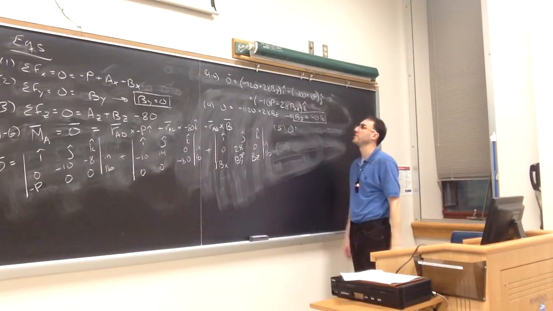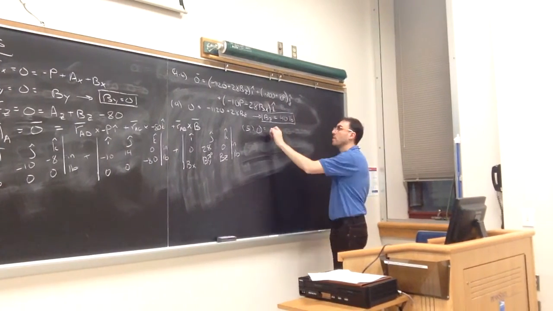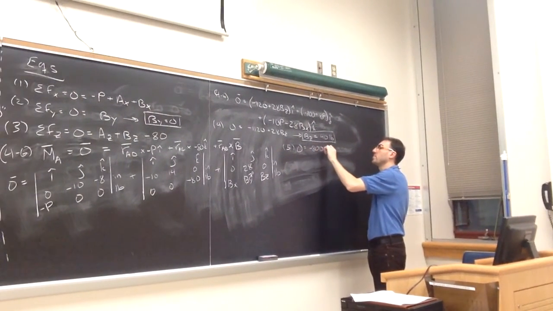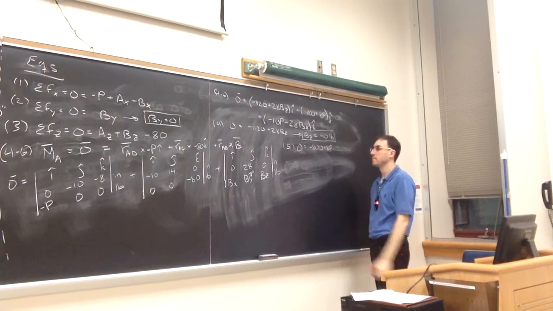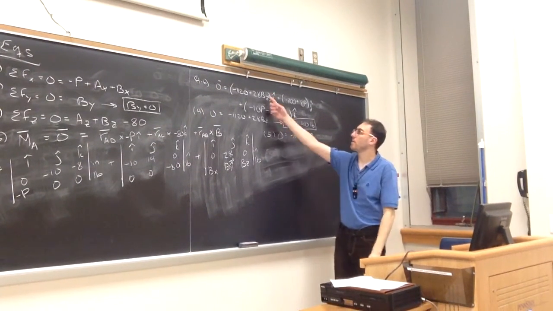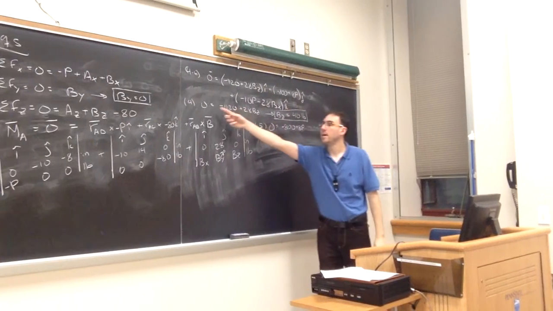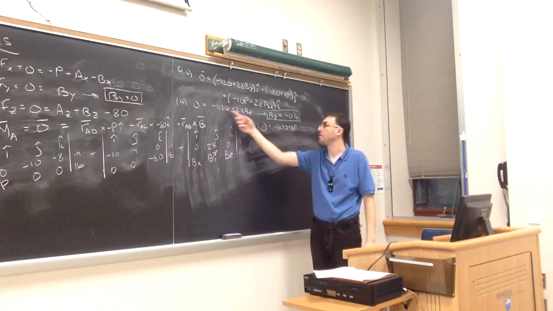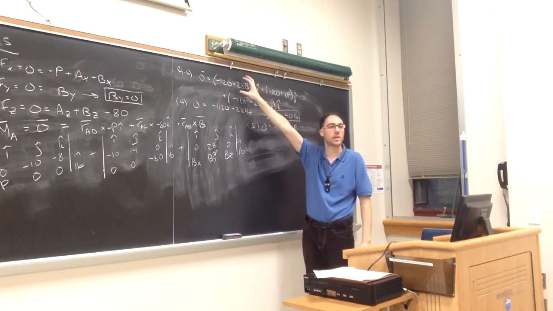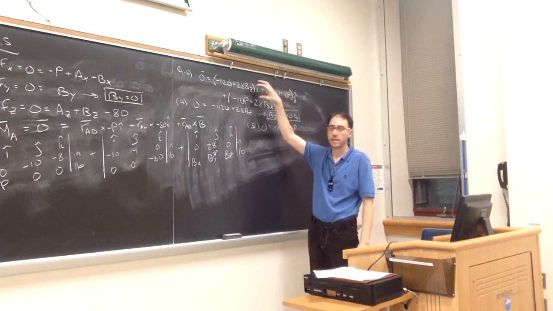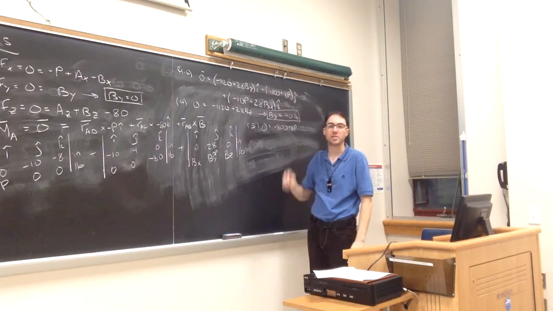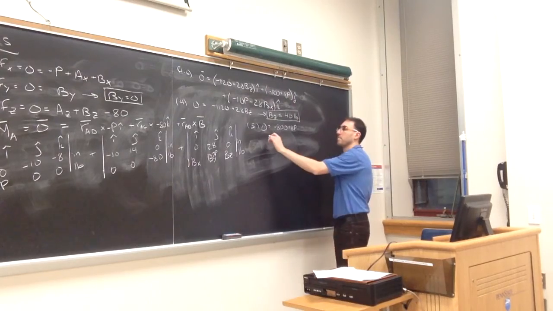Taking the coefficient in front of J and equating it to 0, negative 800 plus 8 times P. And notice here, when I break it down, there are no I's or J's because I'm only looking at the coefficients equaling 0, dropping out the I, J, K parts.